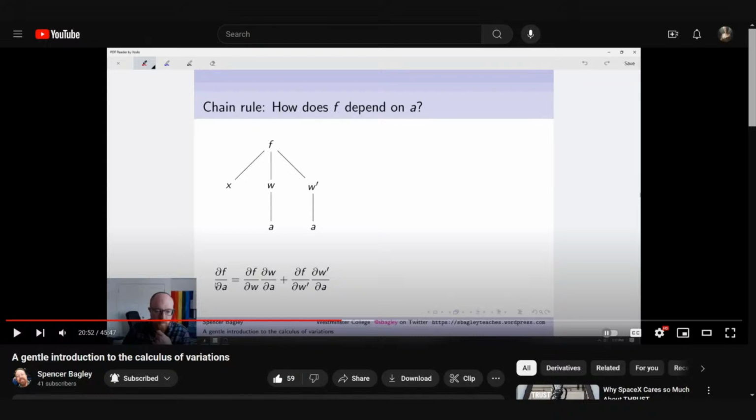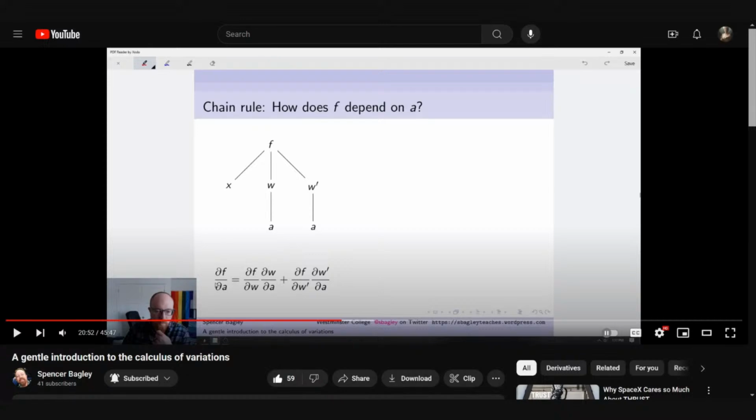So we're saying the partial of f with respect to a, because f depends on x and a ultimately. So the partial of f with respect to a is the partial of f with respect to w times the partial of w over partial a, plus partial f partial w prime times partial w prime partial a.